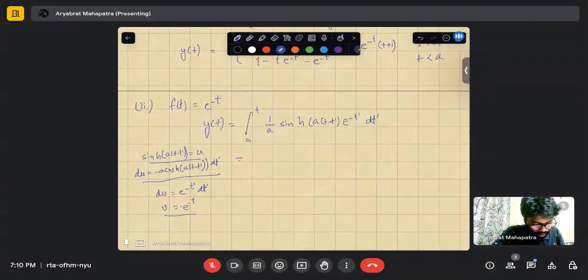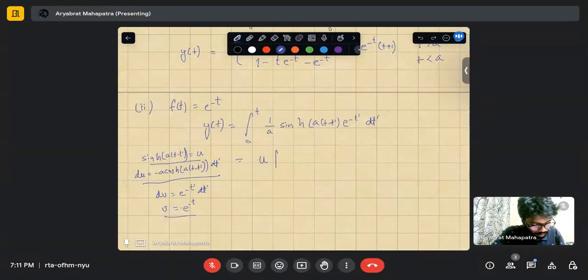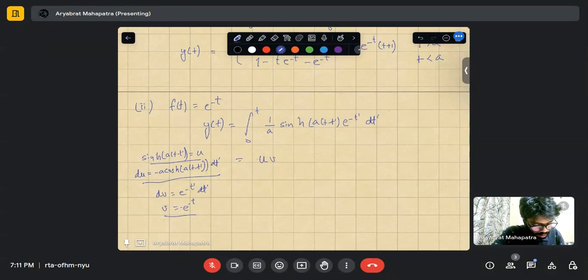In by parts, the first term is u dv, so when you integrate dv, that will give you v. So this is uv between the limits. There is a negative sign, so the limits will be reversed. Then the second term will be 0 to t of v du.